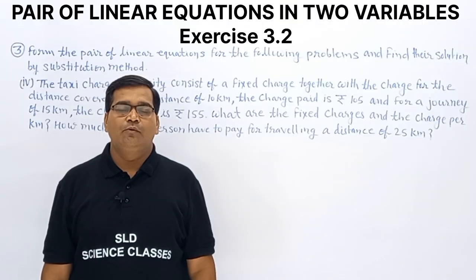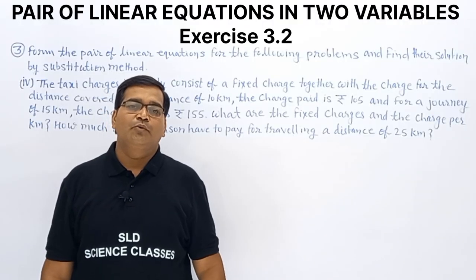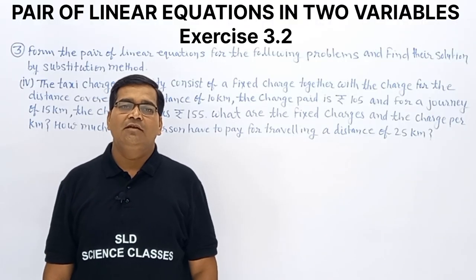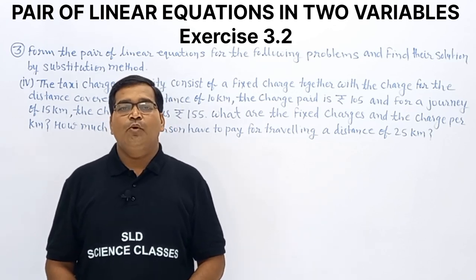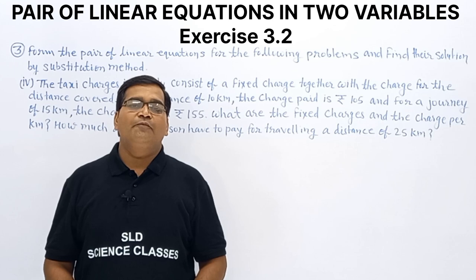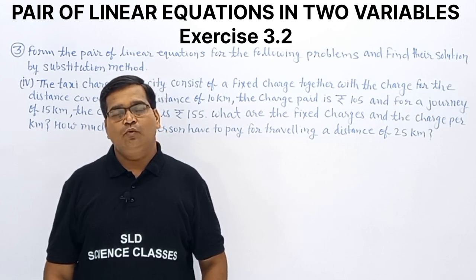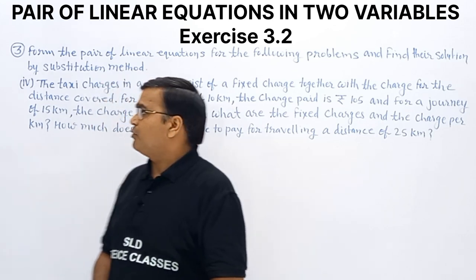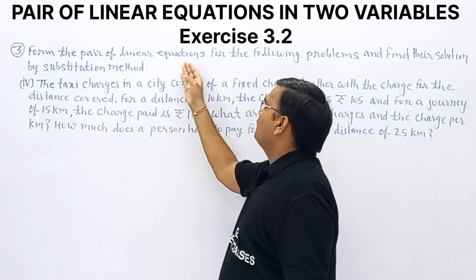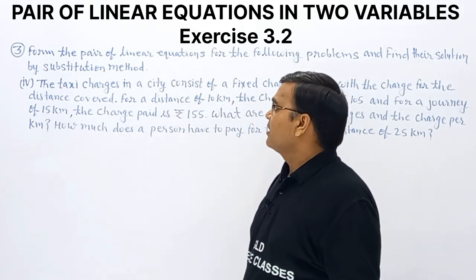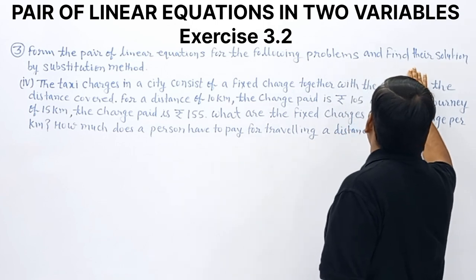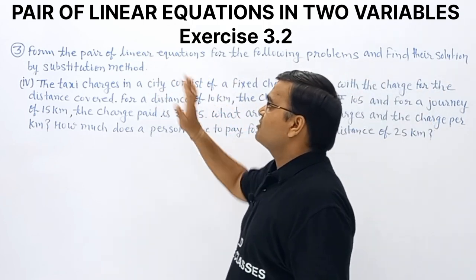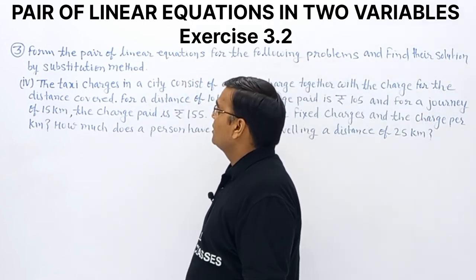In this video, we will discuss question number 4 of Exercise 3.2, Pair of Linear Equations in Two Variables. Form the pair of linear equations for the following problems and find their solutions by substitution method.